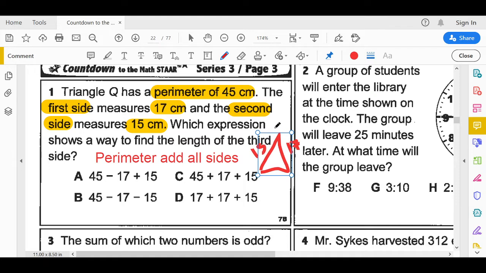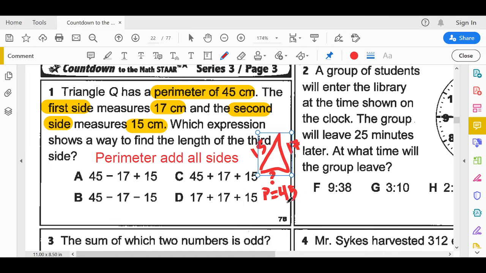And then we also know that all of it, the perimeter, I'm going to put a P right here, P equals 45. So I know that all of it is 45, and I also have this too. How can we find the length for that side missing? I'm going to put a question mark here to remember that I need to find that one.